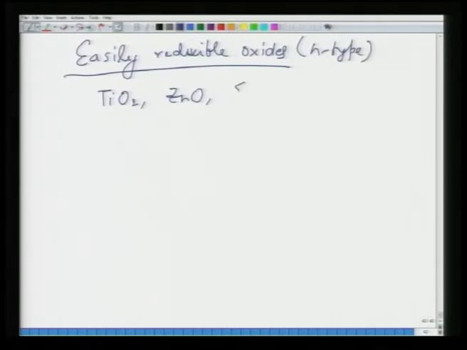And SnO2, barium titanate, all these are prone to n-type behavior due to creation of either oxygen vacancies, which give rise to compensating electrons, or you can have cation interstitials plus electrons.